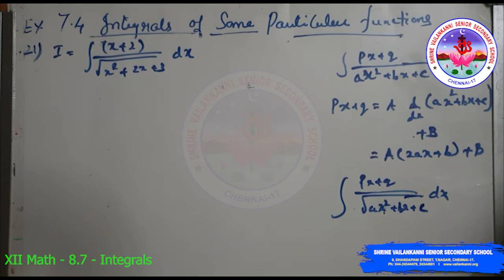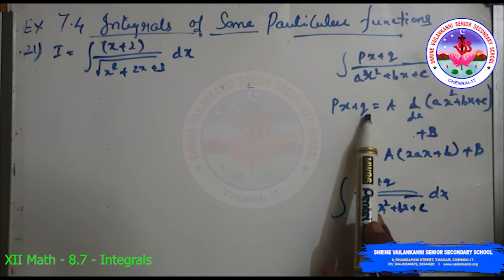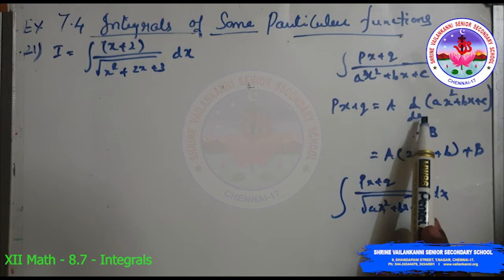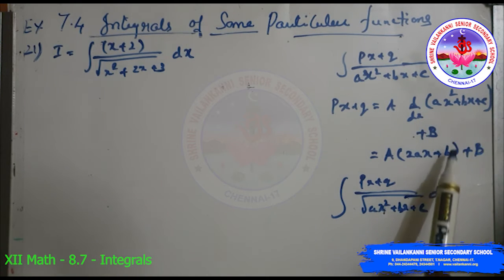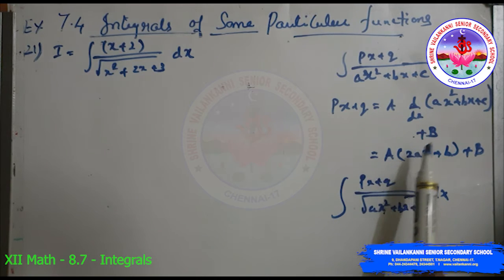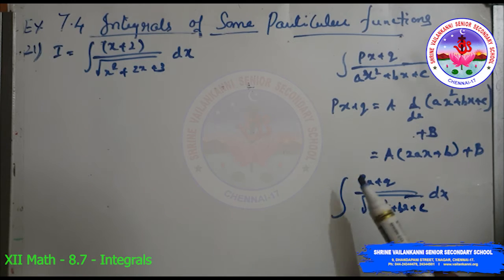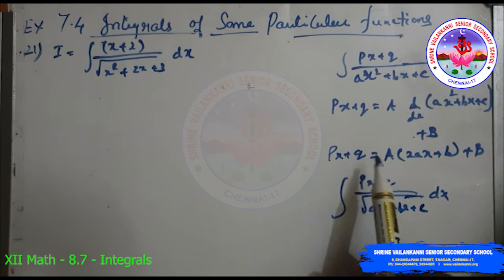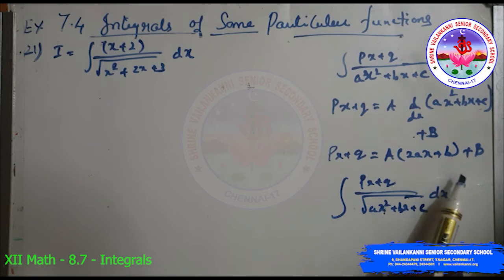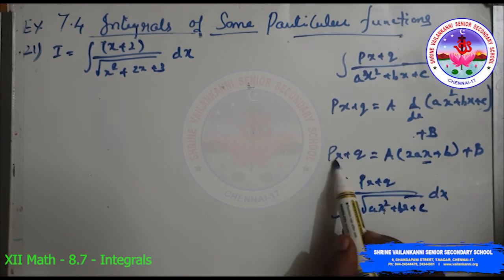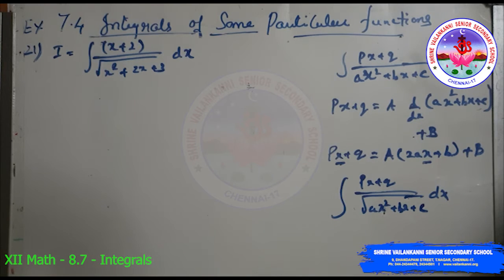We have to find real numbers capital A and B such that px plus q equals A into d by dx of (ax square plus bx plus c) plus B. Differentiating this we get px plus q equals A into (2ax plus b) plus B. To determine capital A and B, we equate from both sides the coefficient of x and the constant terms.